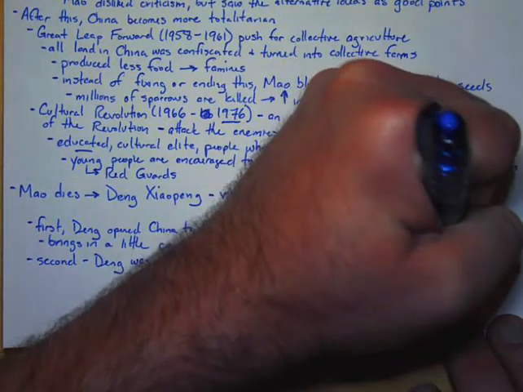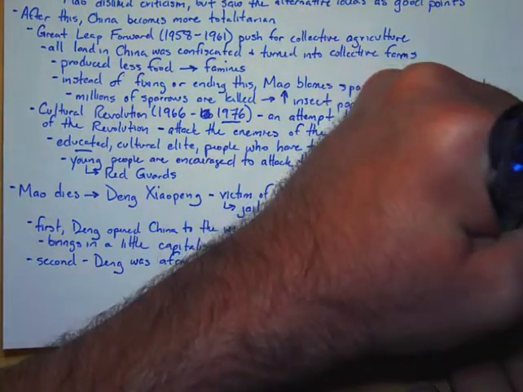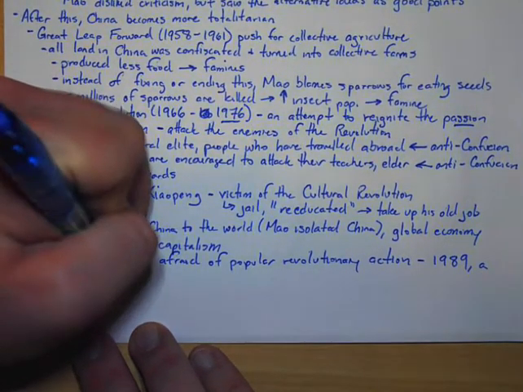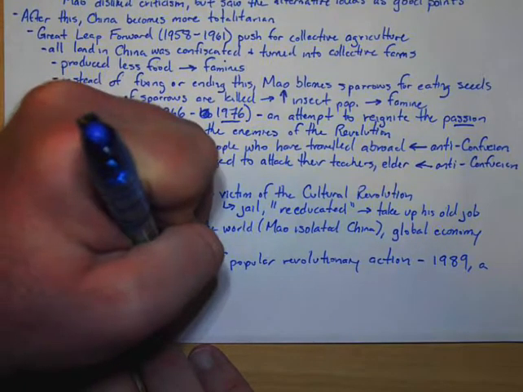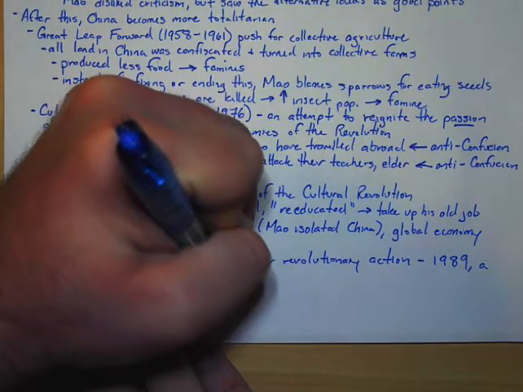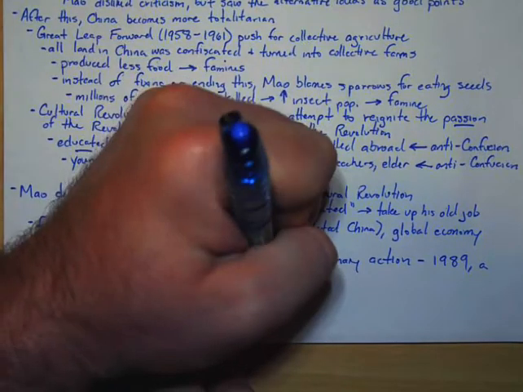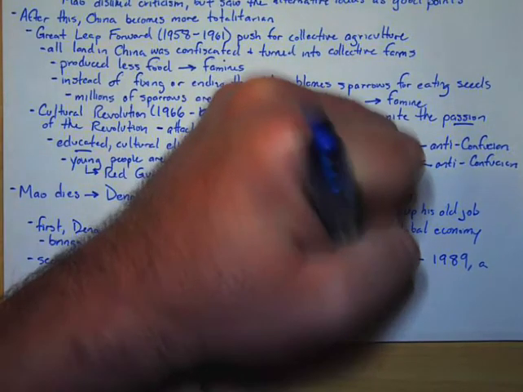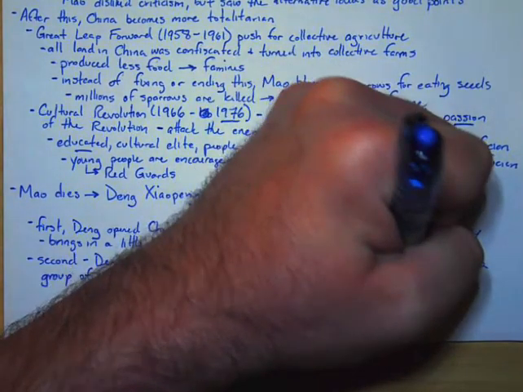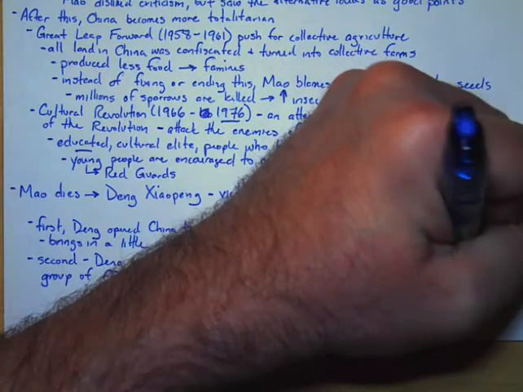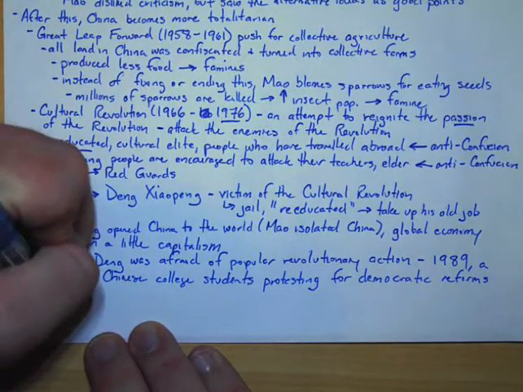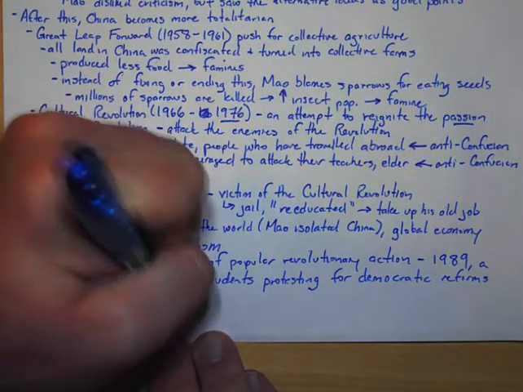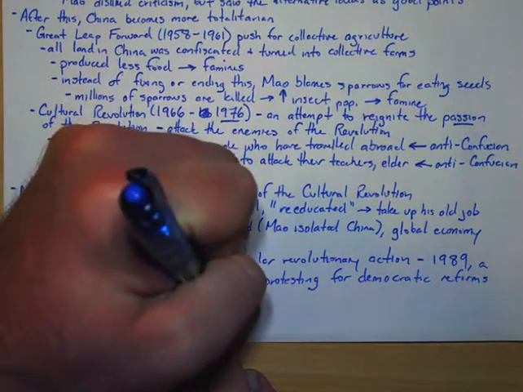So, this is why in 1989, a group of Chinese college students protesting for democratic reforms were massacred in Tiananmen Square.